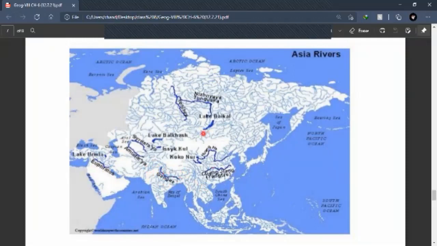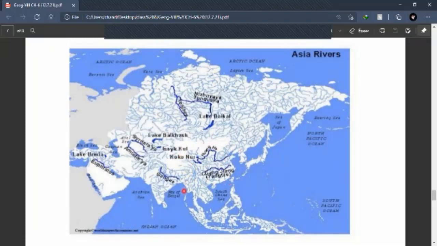Then rivers Huanghe, Changjiang and Sikyang form a large plain in China. The Manchurian plain is formed by river Amur. River Irrawaddy forms a large plain in Myanmar.